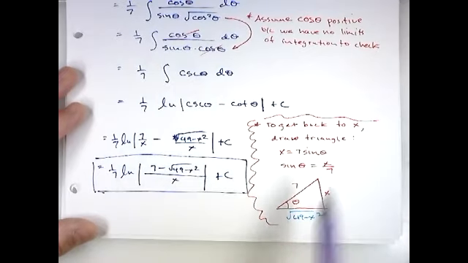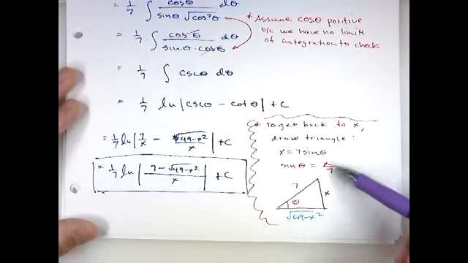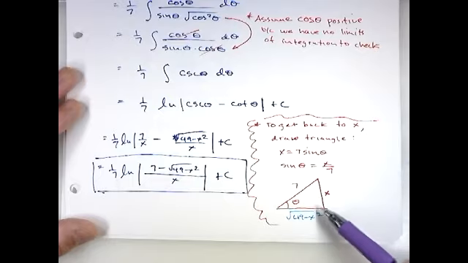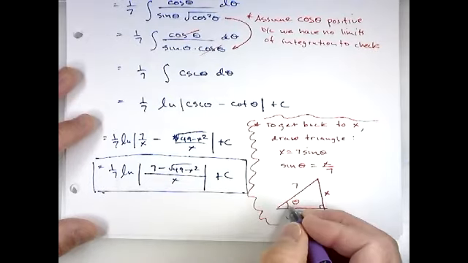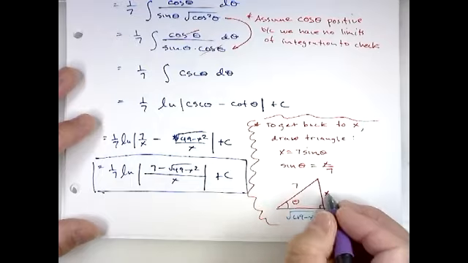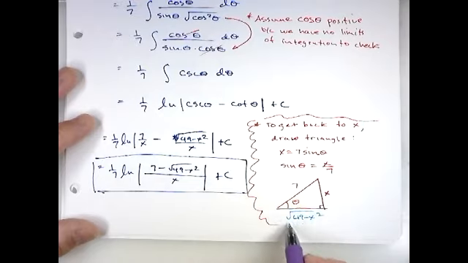To get this back in terms of x, if you go back to your original substitution, x equals 7 sine theta, that says the same thing as sine of theta is equal to x over 7. If you draw a right triangle that represents that, sine of theta is opposite over hypotenuse, x over 7. Do a Pythagorean theorem and you'll get this other side to be the square root of 49 minus x squared.